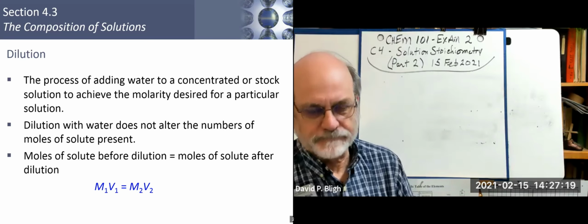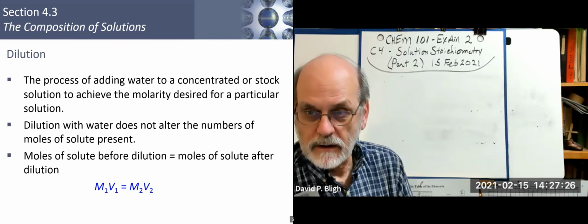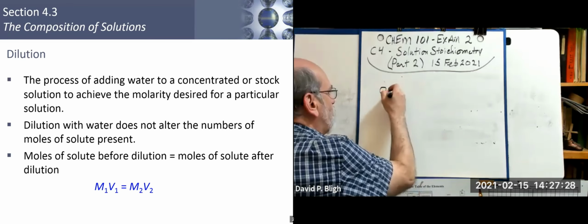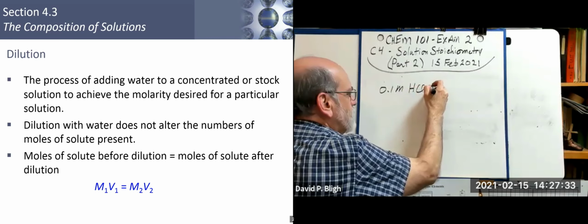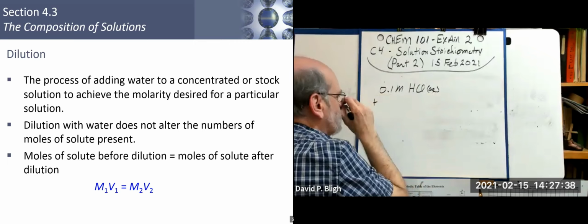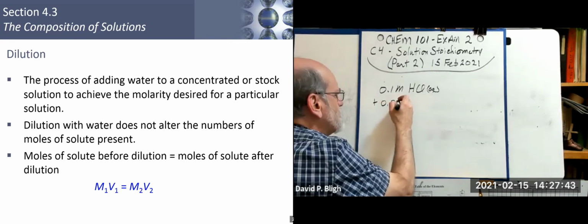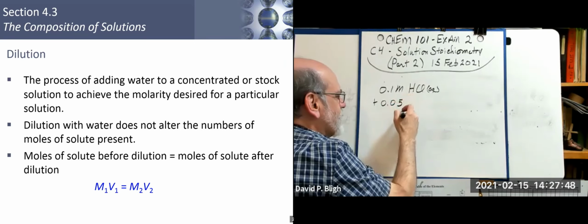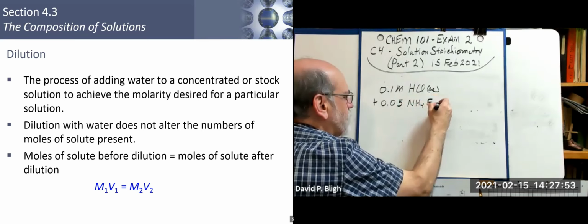For example, we would use a 0.1 molar hydrogen chloride aqueous solution, plus, if I can remember this correctly, 0.05, I think, ammonium fluoride.